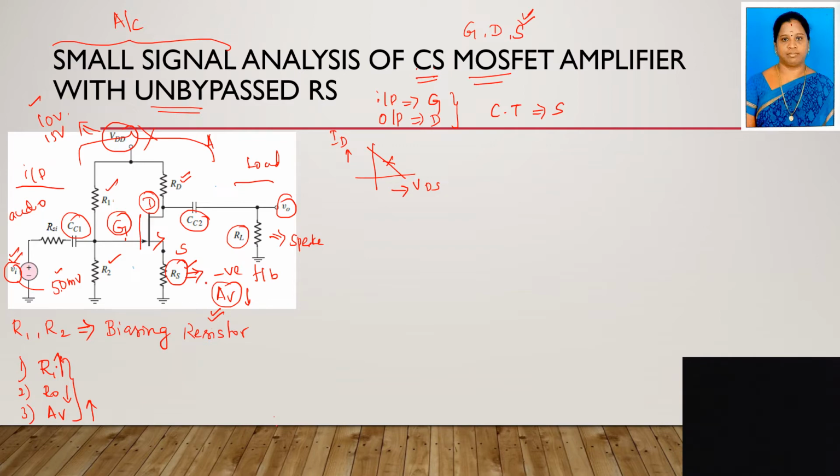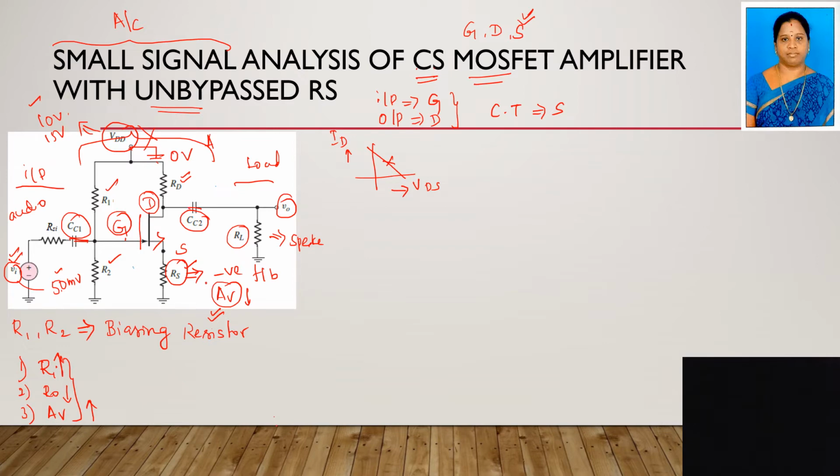How to draw this equivalent circuit? First, we have to set all the DC voltages to 0. This is your DC voltage, and we have to make it 0, that means connect it to the ground terminal. Second, we have to short circuit all the capacitors.